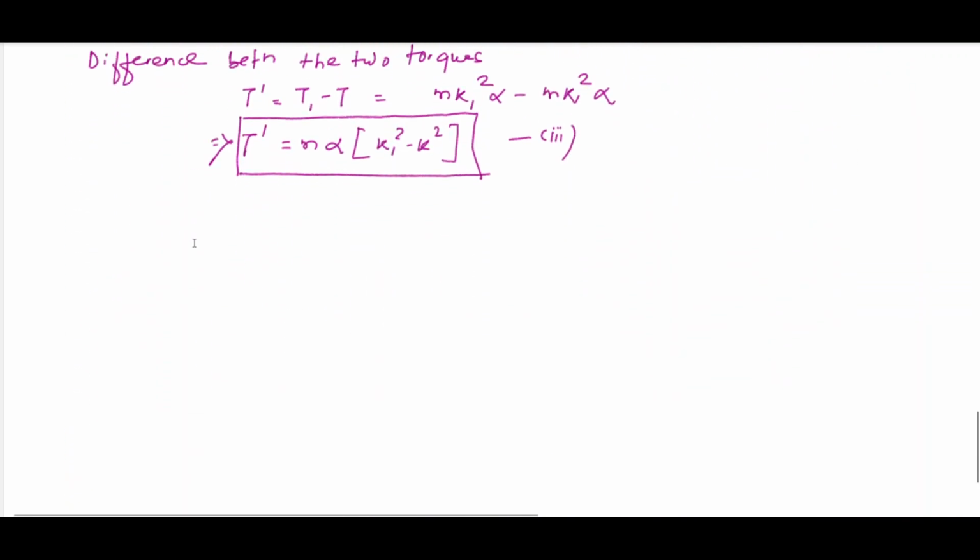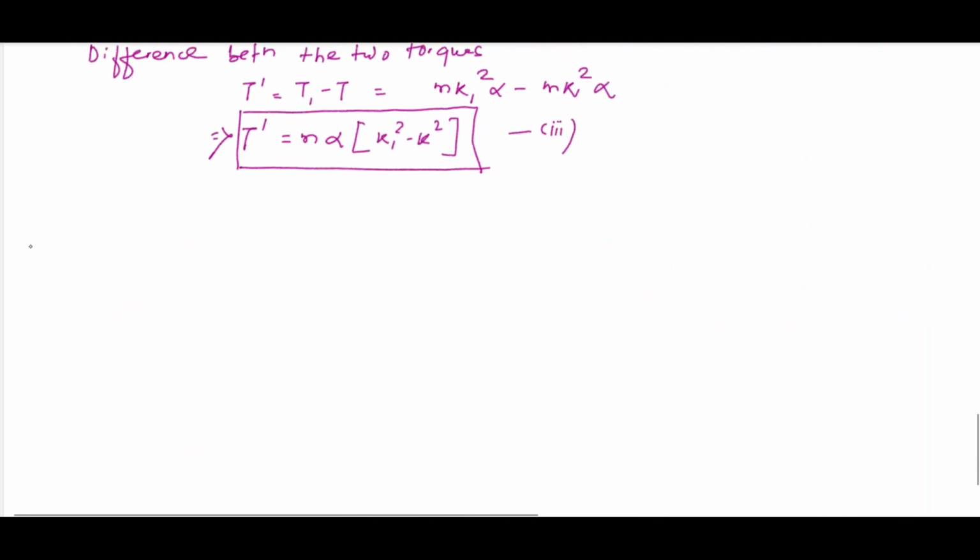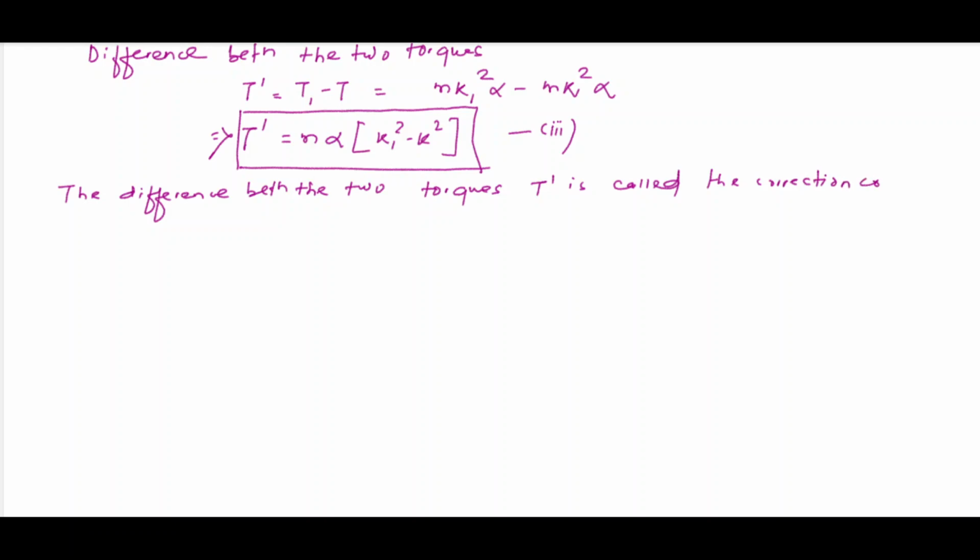Now the difference between the two torques, T dash, is called the correction couple.